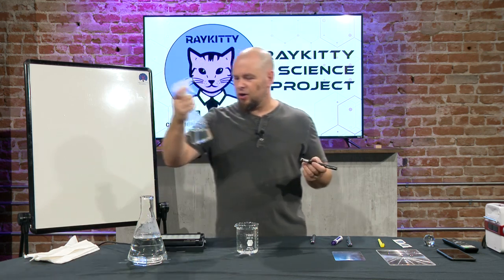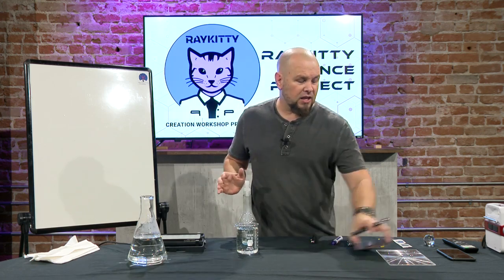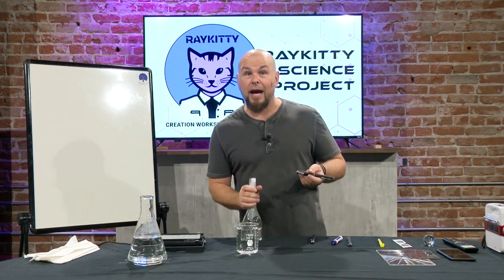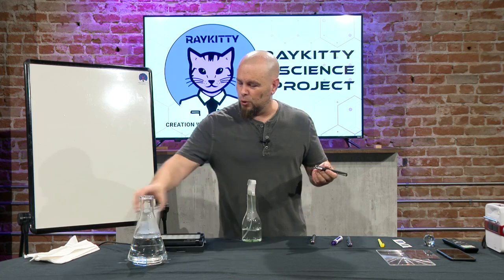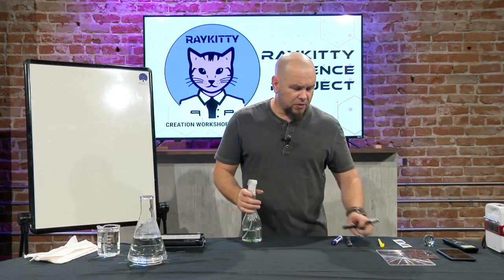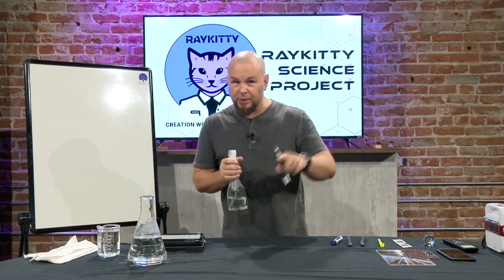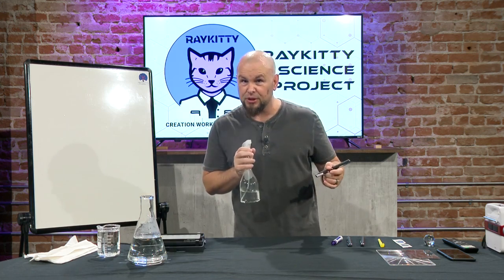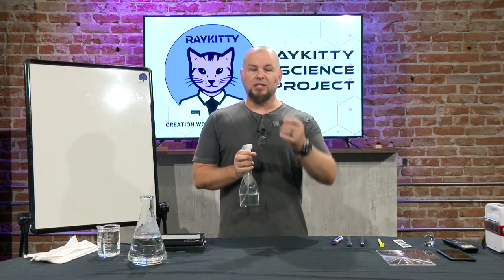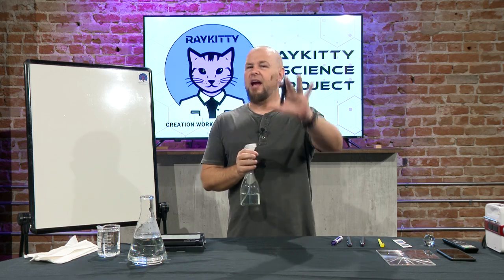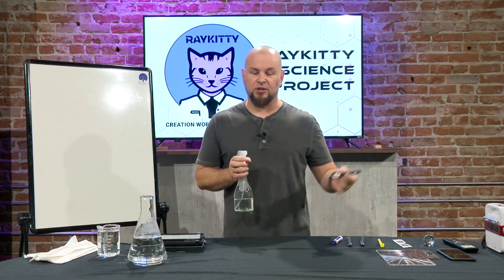So what I've got here is some regular old water. This is just water, okay? And we are going to take this water, and I'm going to spray it in the air, okay? Now, when I do, this water is going to leave little bitty droplets in the air. See? Yeah, that's pretty fun. It's going to put the droplets in the air. They'll float there for just a second as they're sinking down.